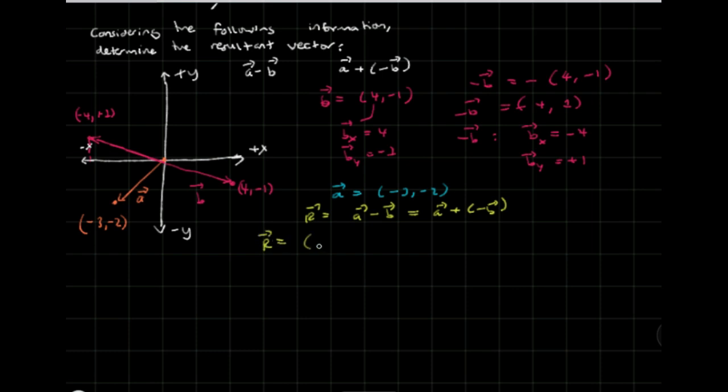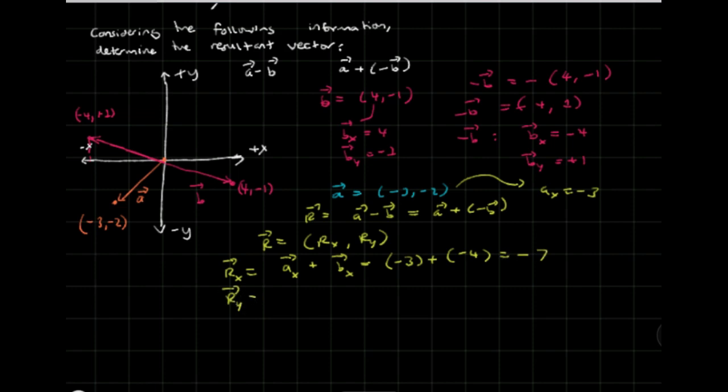So think about the resultant as Rx and Ry. To find the x component of the resultant vector, we add Ax plus the new Bx. The new Bx is negative 4 and Ax is negative 3, so negative 3 plus negative 4 is negative 7.